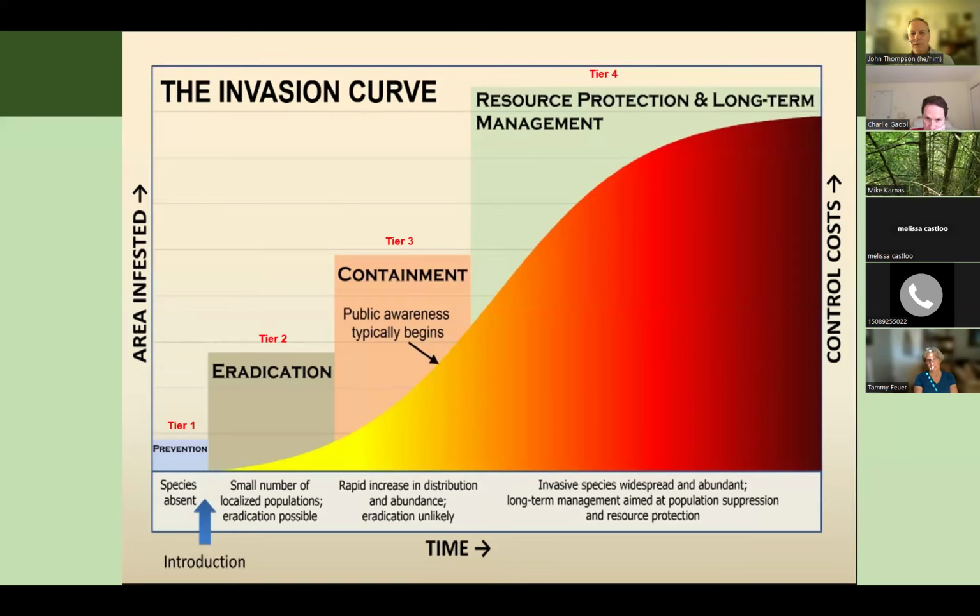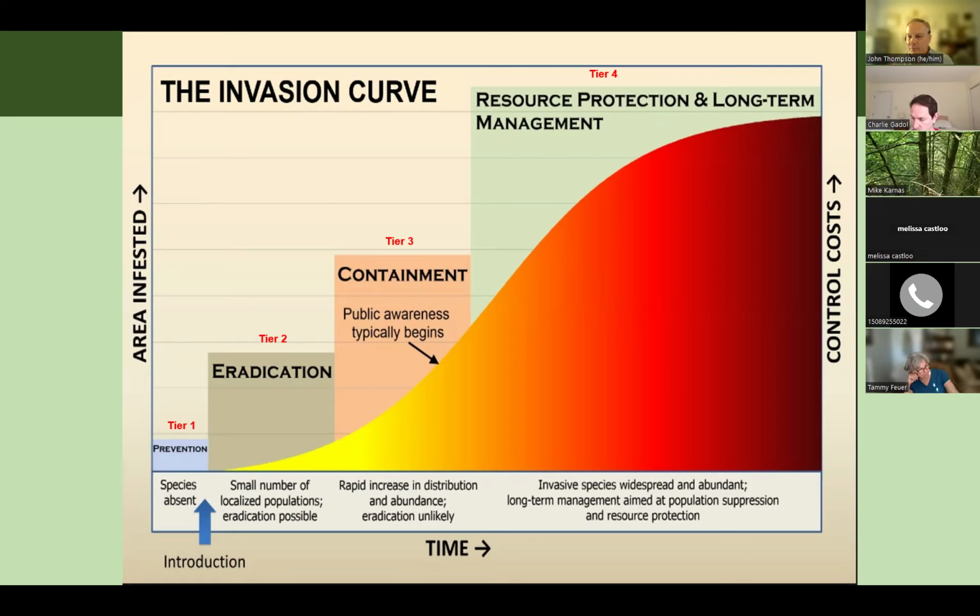Once you get to the box furthest to the right, it's resource protection and long-term management, meaning that if you have a really important area, something that might be really ecologically valuable, a rare species habitat, you could remove invasive species to try to prevent them from impacting your rare species, for instance, but you probably won't have the resources to manage that invasive species over a wider area.